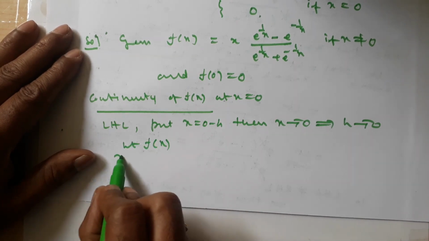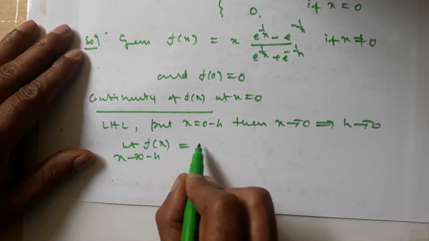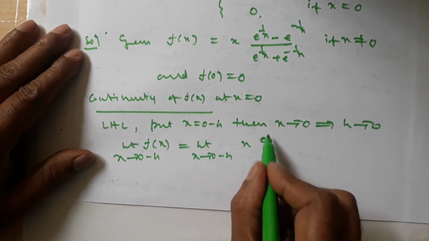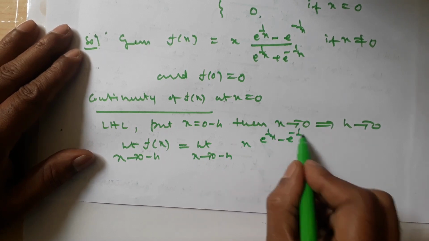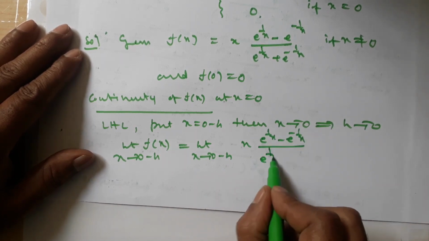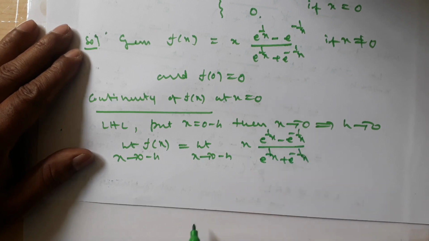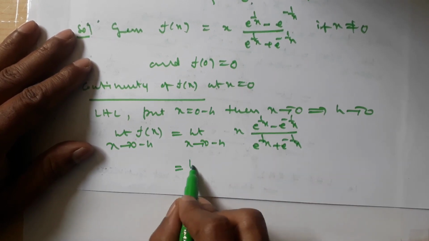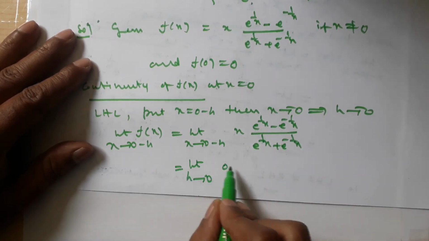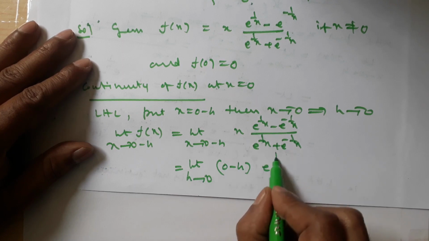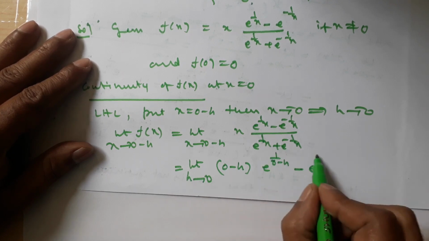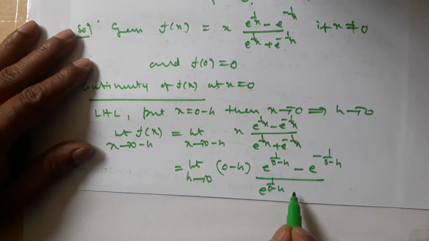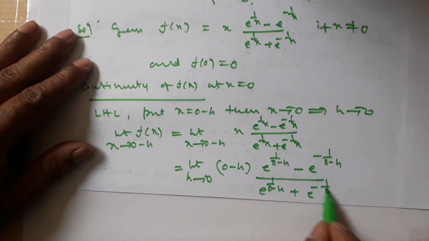Limit f of x as x tends to 0 minus h is equal to limit x tends to 0 minus h of x into (e power 1 by x minus e power minus 1 by x) divided by (e power 1 by x plus e power minus 1 by x), is equal to limit h tends to 0 of (0 minus h) into (e power 1 by 0 minus h minus e power minus 1 by 0 minus h) divided by (e power 1 by 0 minus h plus e power minus 1 by 0 minus h).